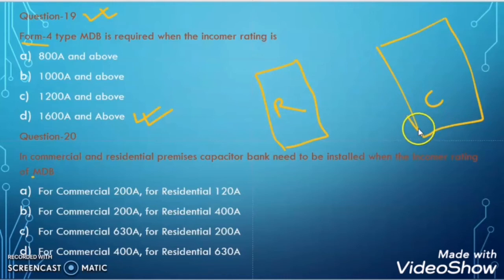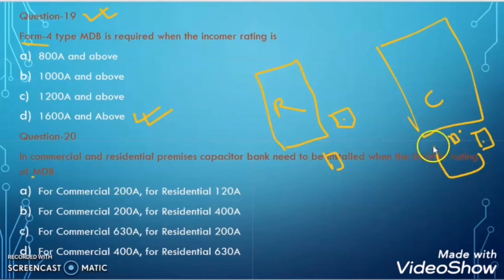This is the MDB for this building and this is the MDB for the commercial building. The question is, at which incomer rating of MDB does a residential building require a capacitor bank, and at which rating of MDB is a capacitor bank required for a commercial building?